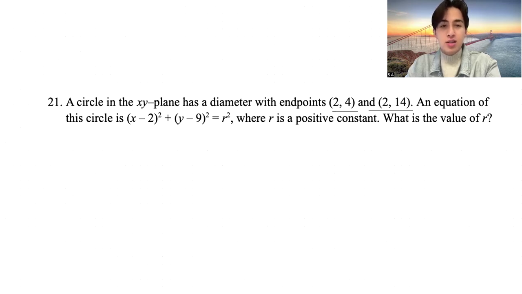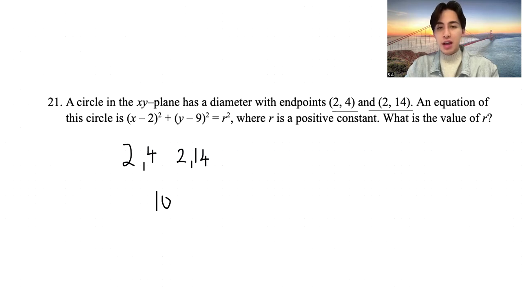The reason is, the distance between (2, 4) and (2, 14) is 10. Since both points have the same x value of 2, you can simply focus on the y value and just subtract. So 14 minus 4 is 10.